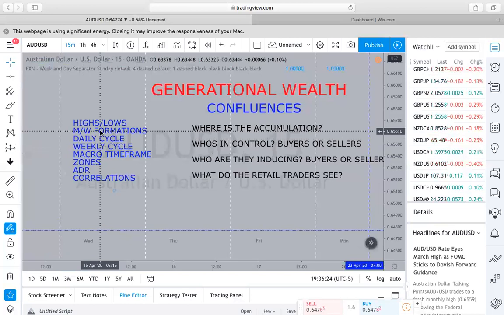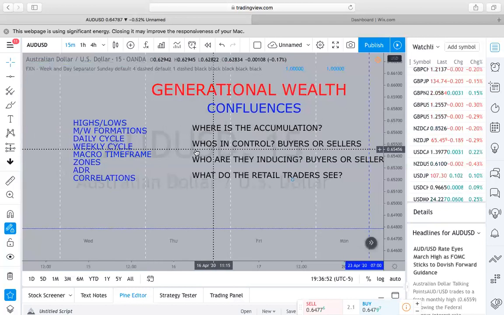Now, the higher time frame is going to give you the bigger picture. That is where the real move is at. Remember that. You don't want to think that just because it's a small M and W formation inside that session break, that is a confluence. Make sure that you have more than one confluence behind that.